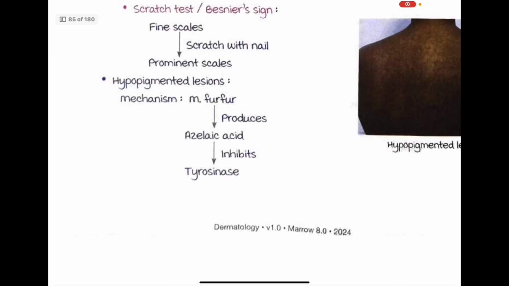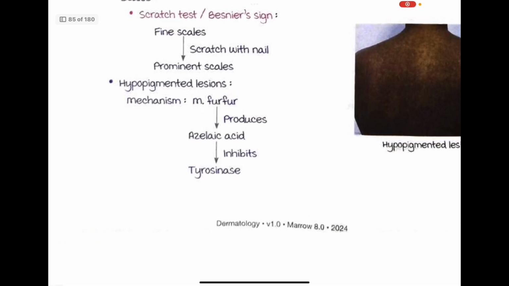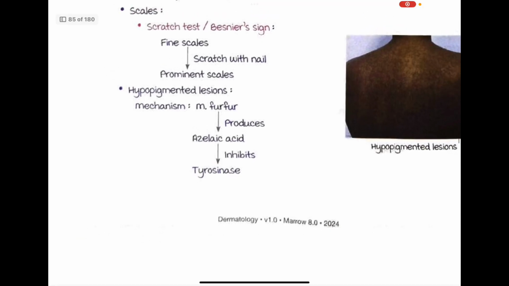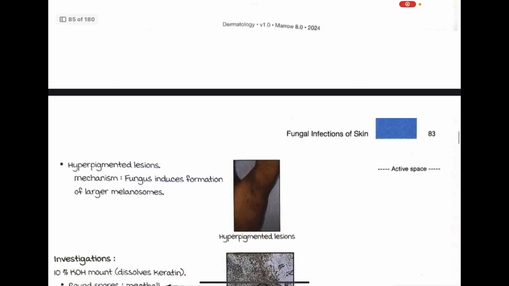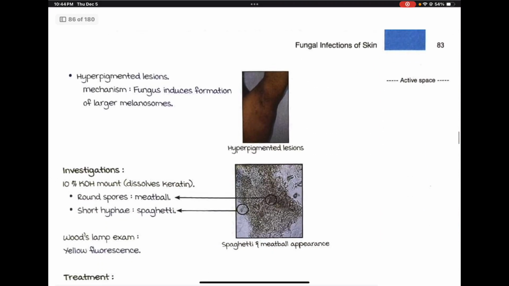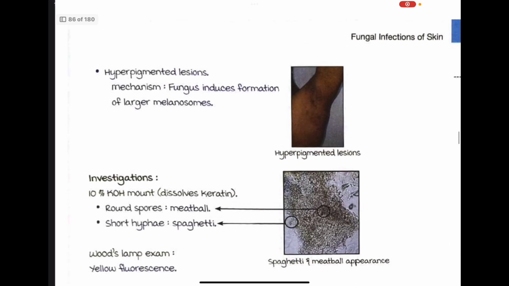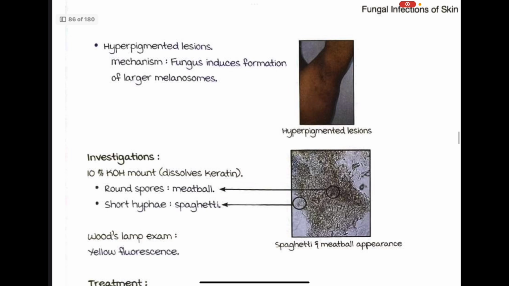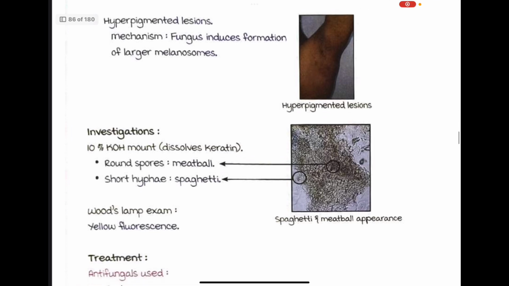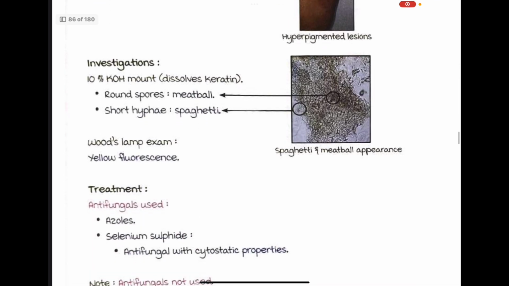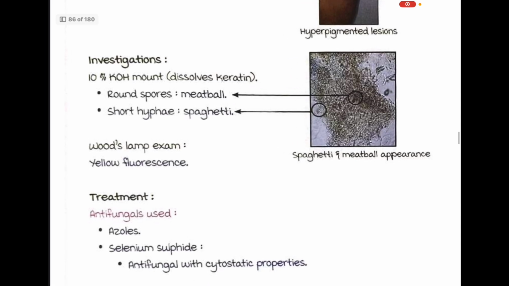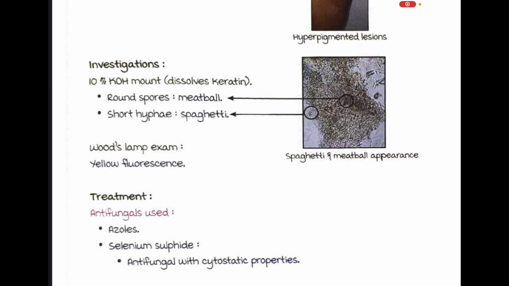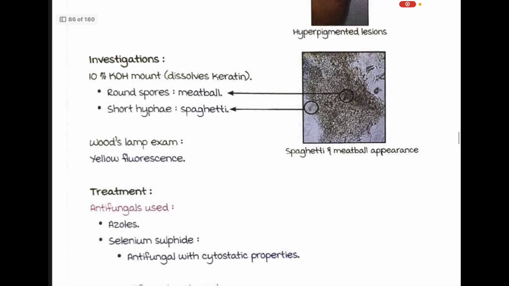Hypopigmented lesion: Malassezia furfur produces azelaic acid, which inhibits tyrosinase. Hyperpigmented lesions mechanism: fungus induces formation of larger melanosomes. Investigations: 10% KOH mount dissolves keratin, round spores, meatball, short hyphae, spaghetti.